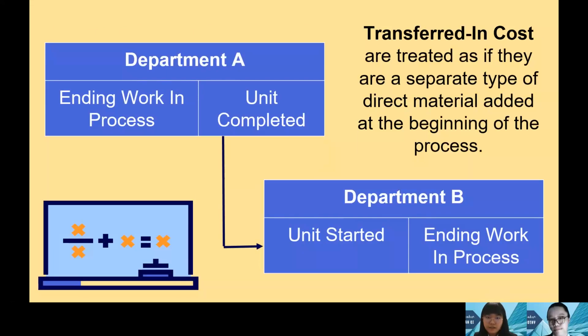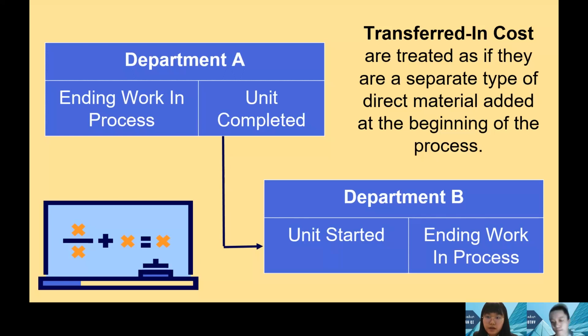Hi, I'm Iwanchi, and now we will continue presenting. Let's look at this table. When the production in Department A completes its work on some units of product, those units are transferred to the production of Department B. The costs assigned to these goods are transferred from the work in process inventory account for Department A to the work in process inventory account for Department B. In Department B, the cost assigned to those partially completed products is called transfer in cost.